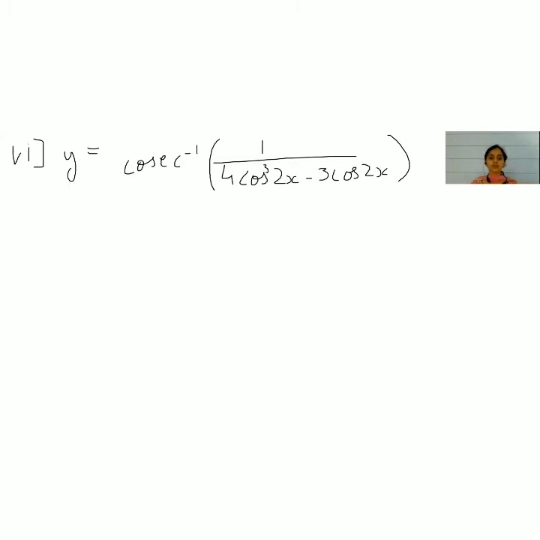Now this is a formula of cos 3 theta. If you remember, cos 3 theta is equal to 4 cos cube theta minus 3 cos theta. Yes, so we'll use the same formula for the sum we have.